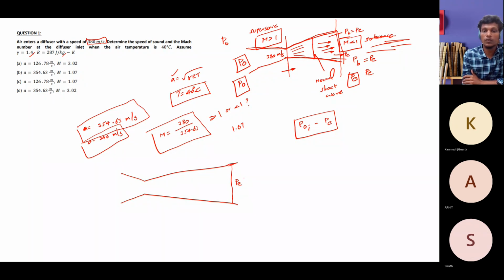They say the back pressure is this much and you have a shock here, just at the nozzle exit or this diffuser exit. The subsonic flow field generated here, with Mach number less than 1, will have the same back pressure you kept at the exit of the diffuser. They won't give the pressure details. They just frame the question as the shock being at the exit of the nozzle.